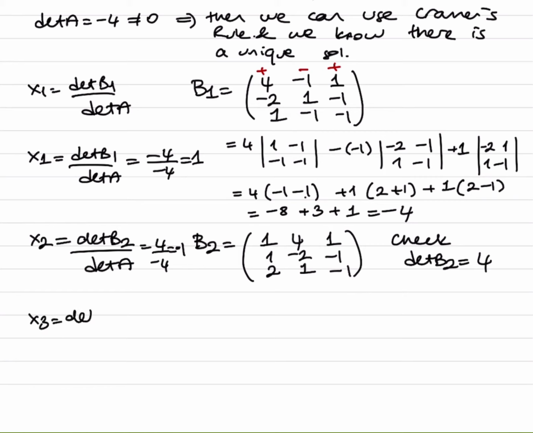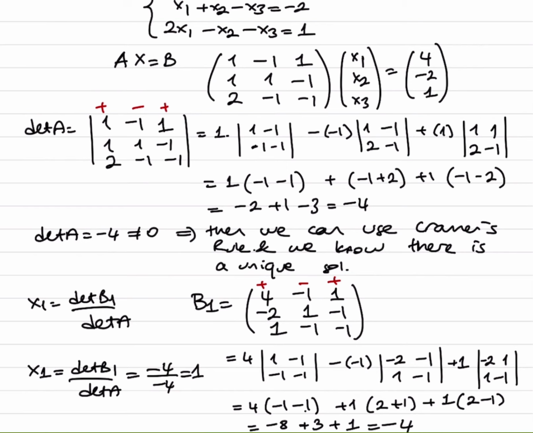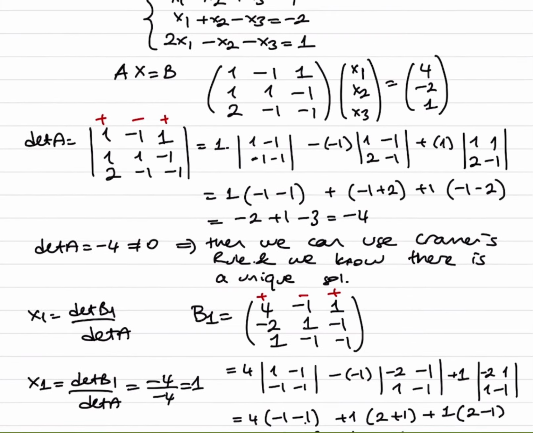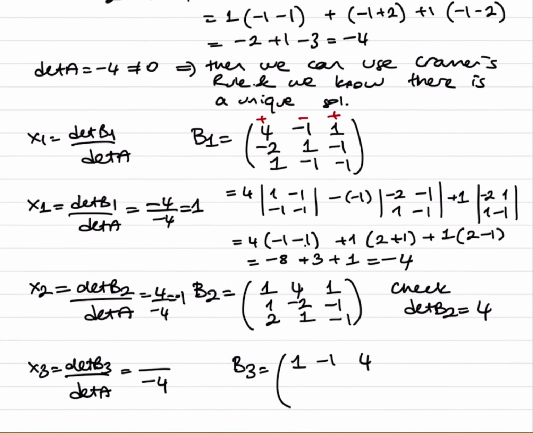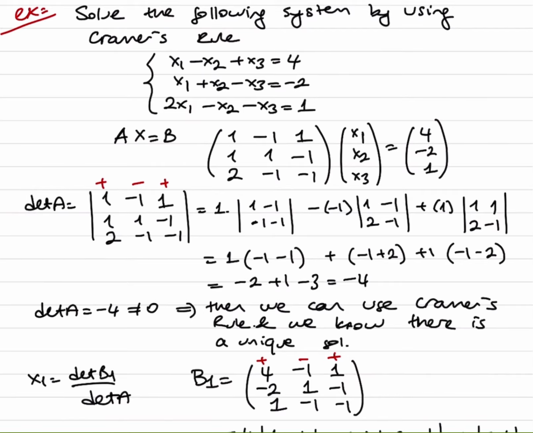What about x3? The determinant of B3 over the determinant of A. So we know the determinant of A is minus 4. So what is B3? For B3, we replace the third column with b. Okay, let me write (1, -1, 4), (1, 1, -1), (2, -1, 1)... with b equal to (4, -2, 1).